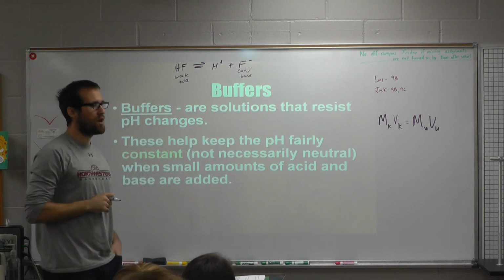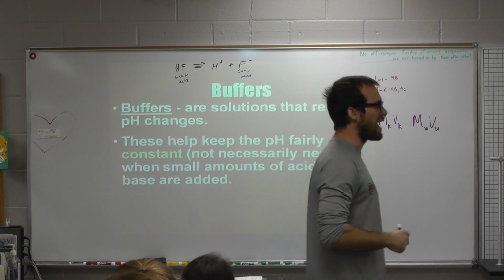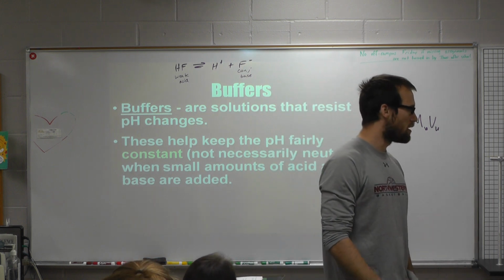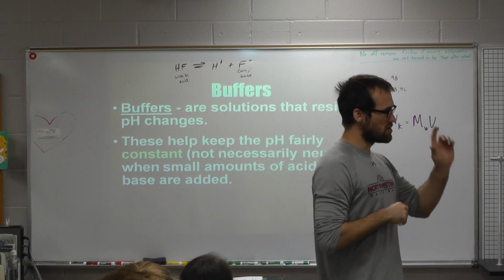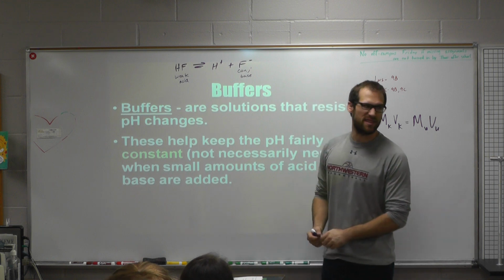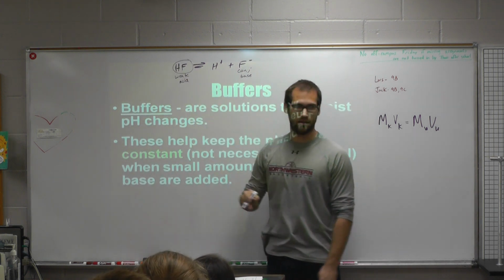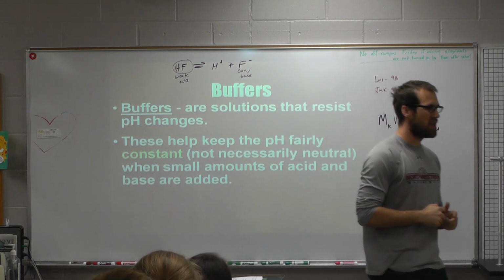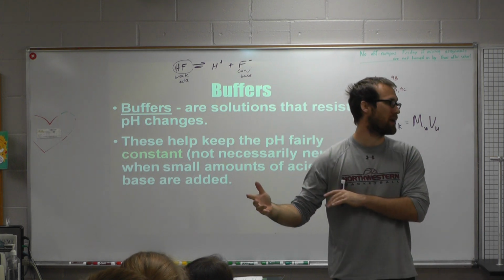What buffers are is they're usually a weak acid with its conjugate. They have equal concentrations of both. And so what ends up happening is I can take a strong acid or a strong base and throw it in here. If I put a strong base in this buffer solution, the weak acid will react with it. And what it actually does then is takes the strong base and converts it into a weaker base.